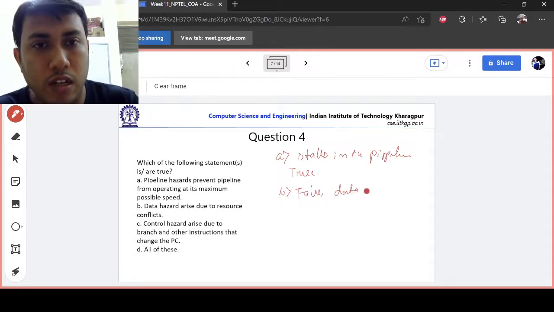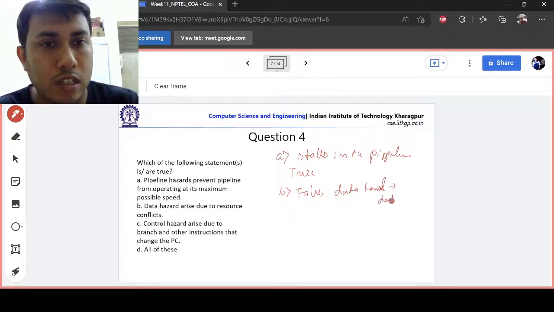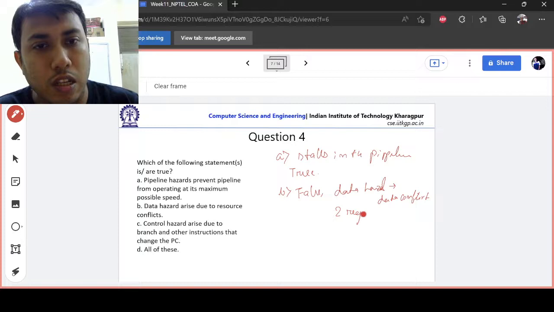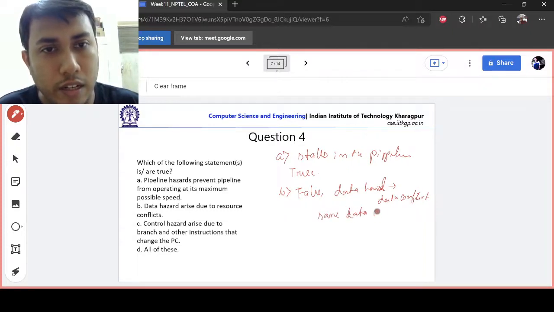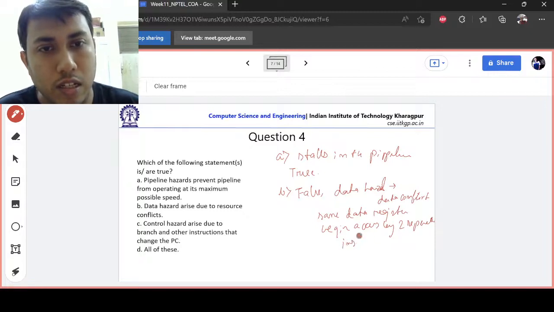Data hazards occur when there is a data conflict. Suppose the same data register is being accessed by two separate instructions.